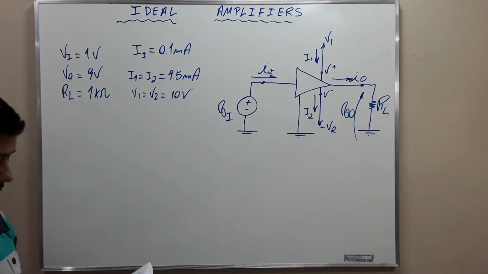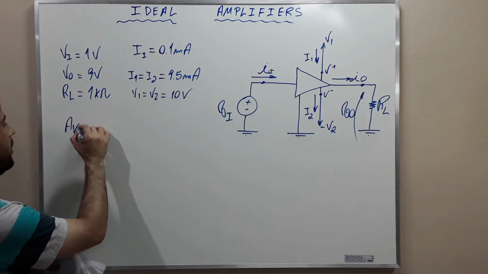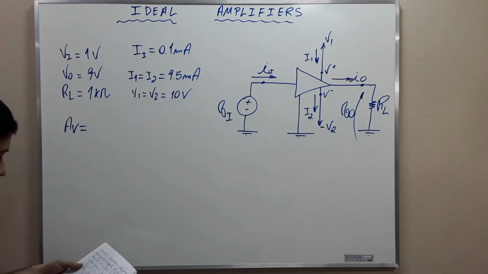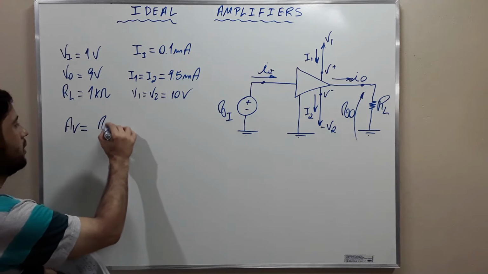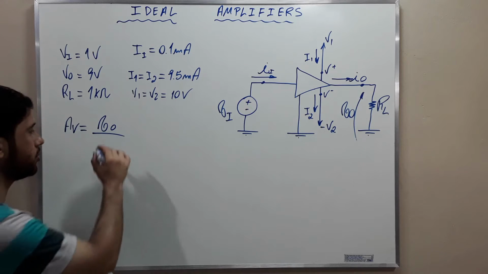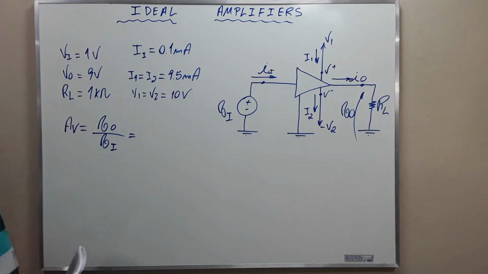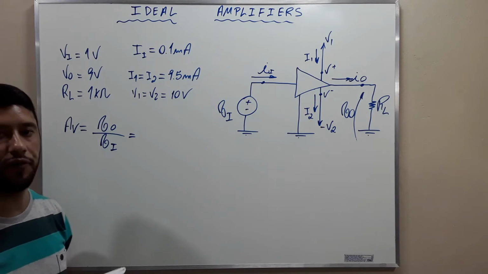Let's solve it. First of all, the voltage gain, AV, is defined to be the division between the output voltage and the input voltage. We are going to use peak values here.